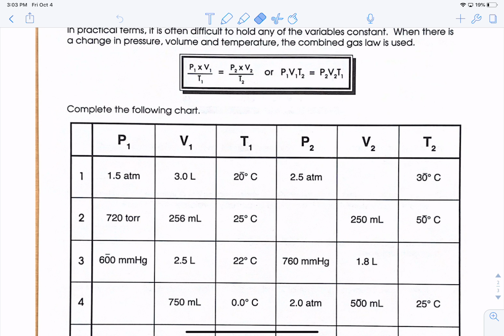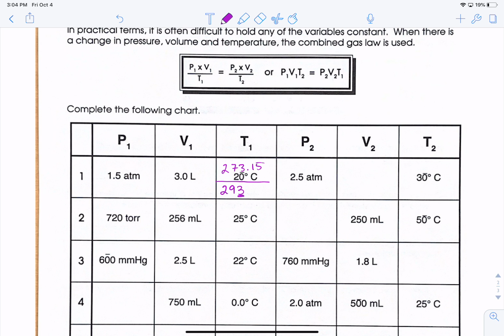Does anyone see what's going on with temperature? What's wrong with it? It's in Celsius. So to do problem 1, let's go ahead and convert our temperatures. So this is 293.